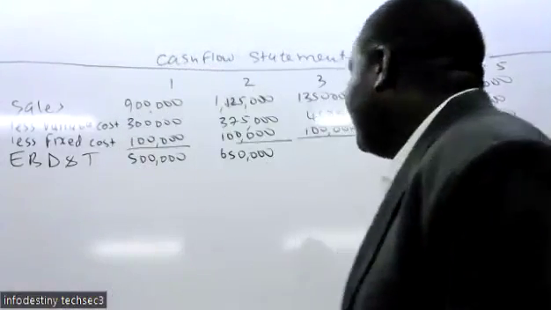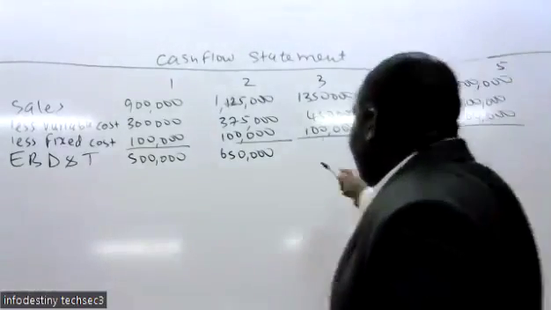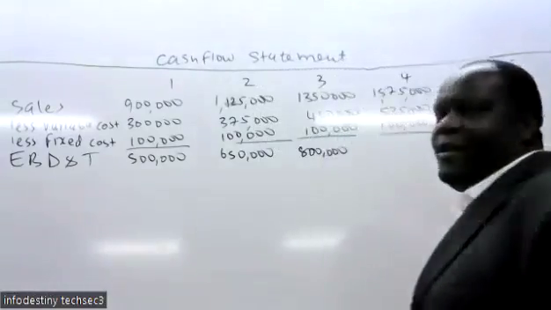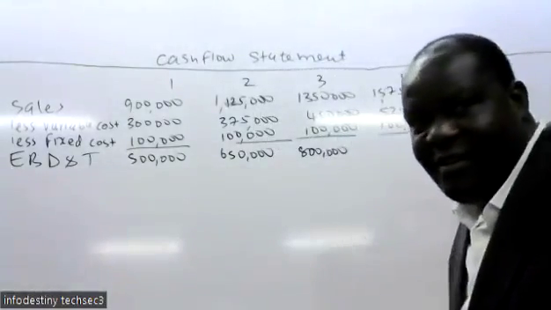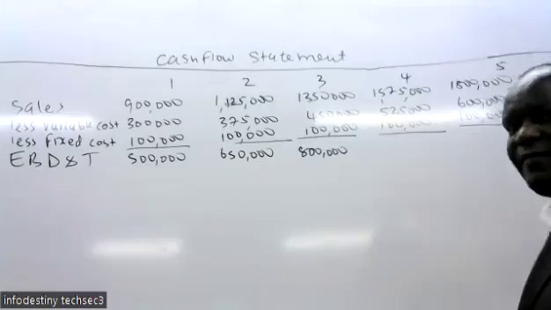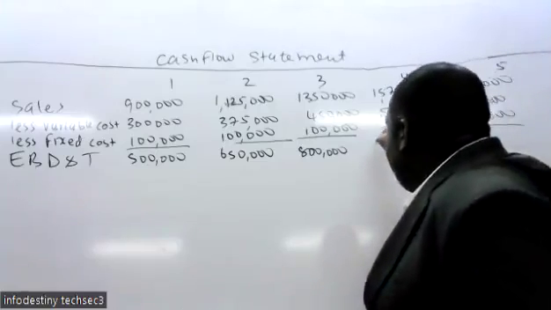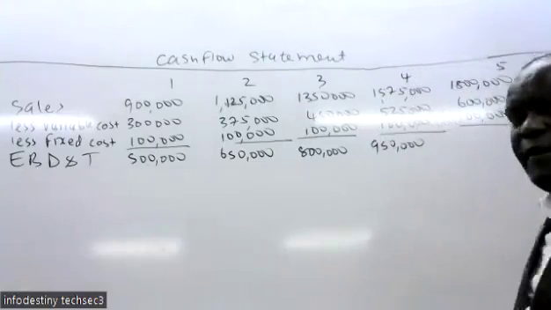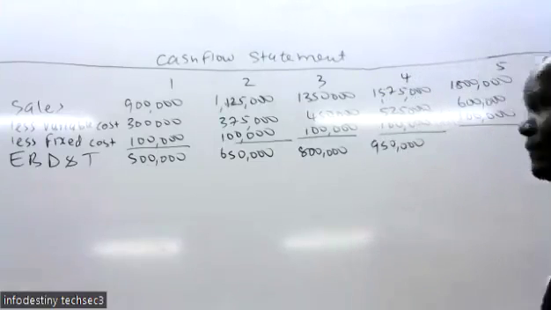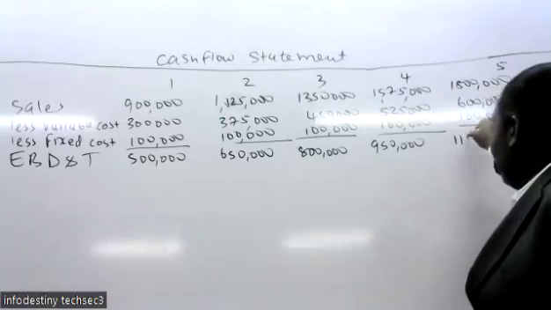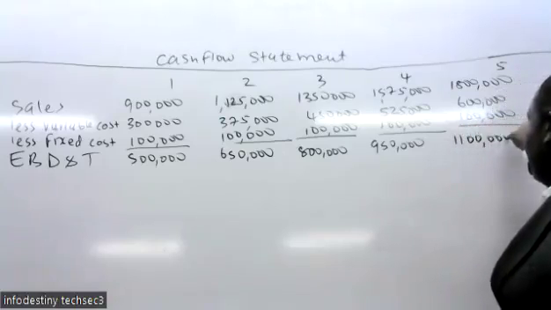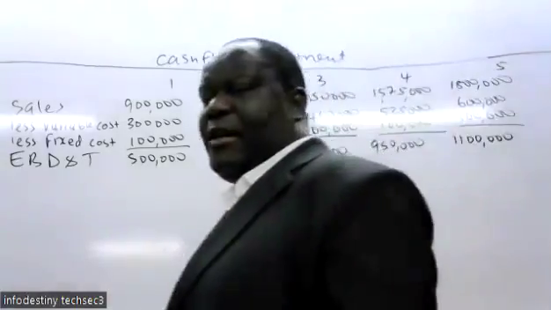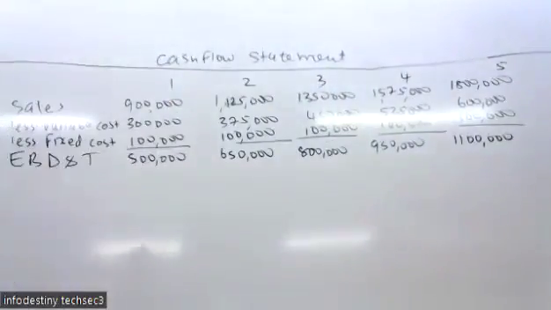Year three, 800. Year four, 950. Year five, 1100. So that is our earnings before depreciation and tax.